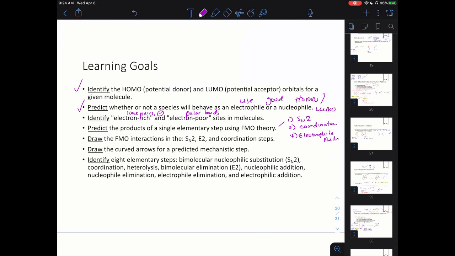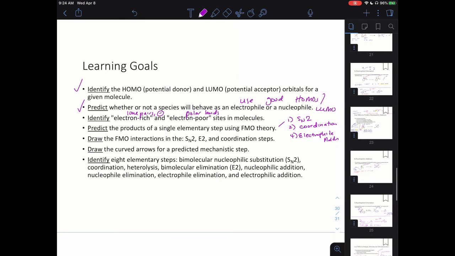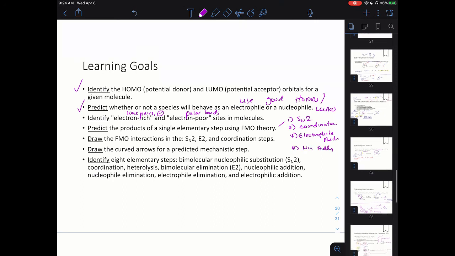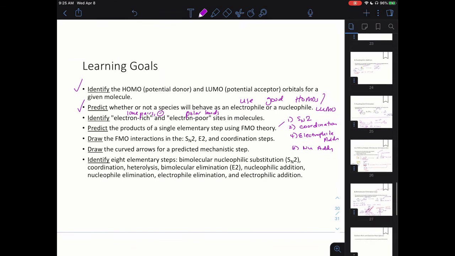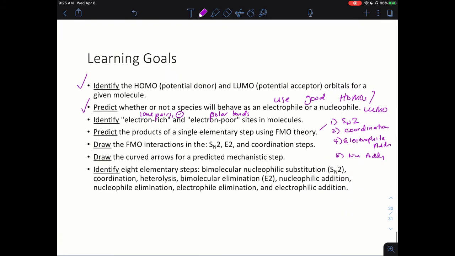I would not expect you to be able to do the microscopic reverse to predict that. And I would expect you to be able to do nucleophile addition, but not nucleophile elimination, and not the E2 that we just did. So it's just those four that I could ask you to predict the products using FMO theory for now. Eventually, all of them, but not yet.